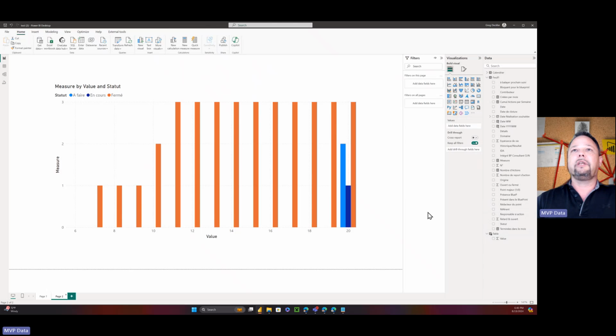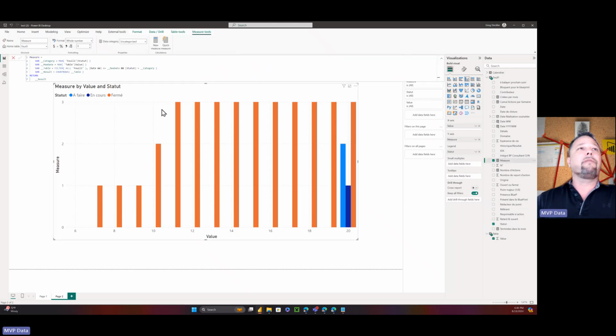So it's the combination of, in this one, I'm using the volume column from my disconnected table as the x-axis. And then what forms the relationship with the fact table is the actual measure that's created. So instead of having a relationship in the data model, you can actually use a measure to form a relationship between that disconnected table and whatever fact table or other table that you have.